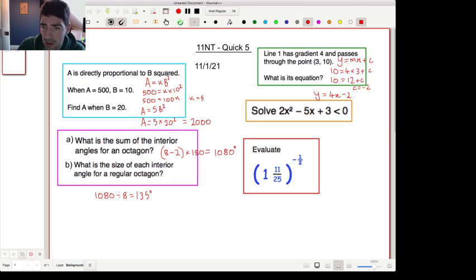Right, the orange one, solve 2x squared minus 5x plus 3 is less than 0. So we had a look at these last week. This one is going to factorise.